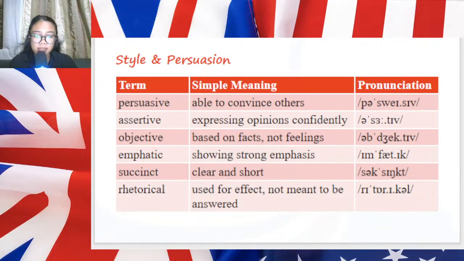When it comes to pronunciation, we start with re, which is a short e vowel sound, and then the stressed syllable tor, and then followed by a short E vowel sound, and cul. So this is rhetorical. This is style in persuasion.